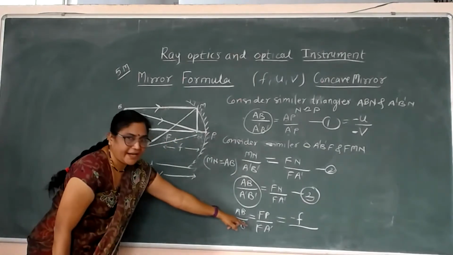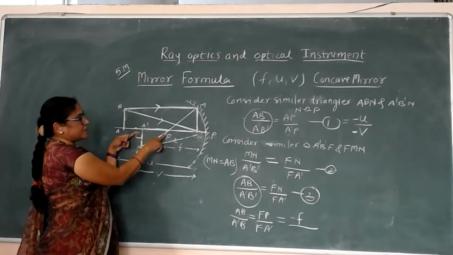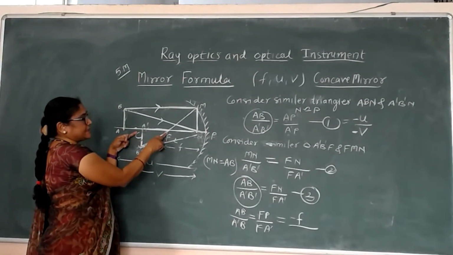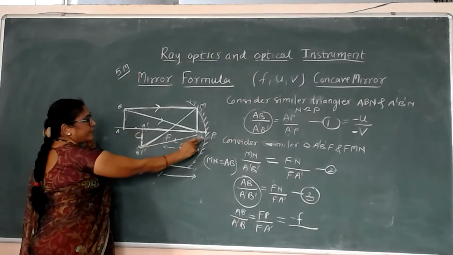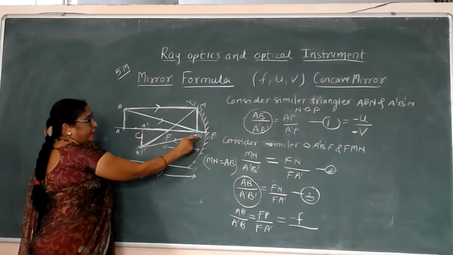Now this distance, FA dash. FA dash is equal to PA dash minus PF.